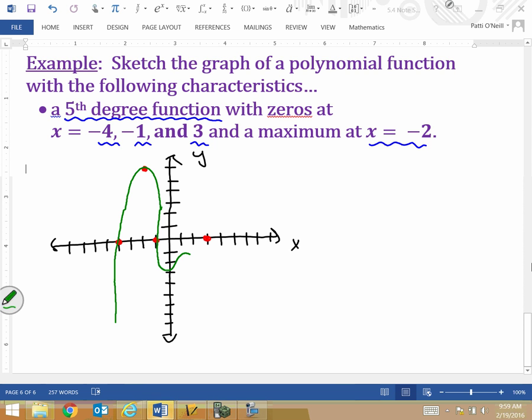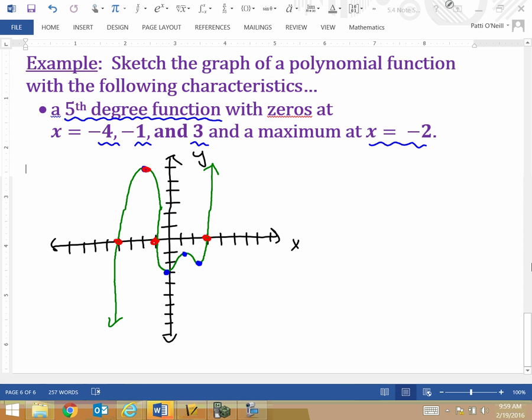Go here and turn but not touch, which means I would have a complex and then pass through the other 0. Let's see if that would work. How many turning points do we have? We have 1, 2, 3, 4, which means we could have a 5th degree function with that. We have the 3 real zeros right there, and we have our maximum at x equals negative 2.